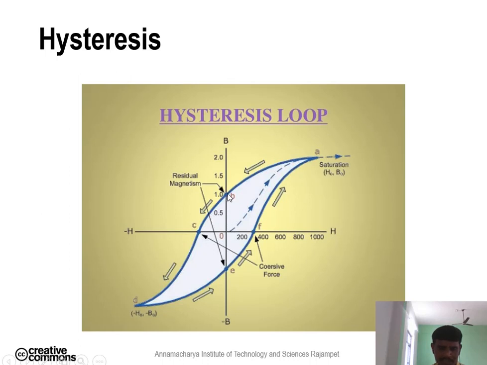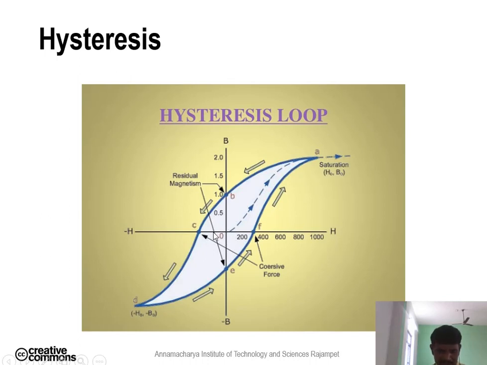That is called residual magnetization or retentivity. Even if the magnetic field becomes 0, some magnetization remains in the ferromagnetic material, which is residual magnetization or retentivity.